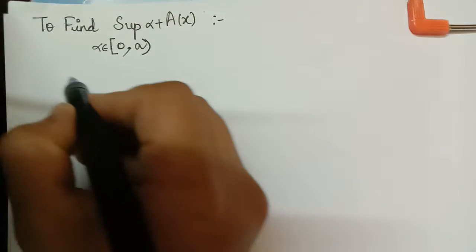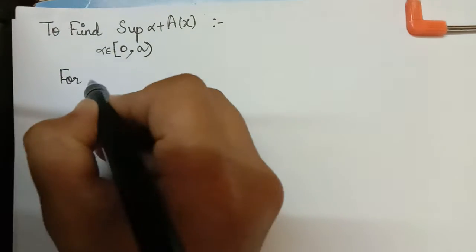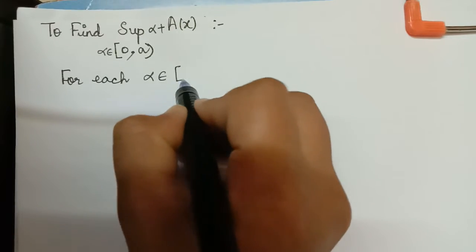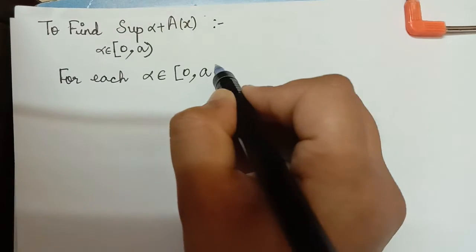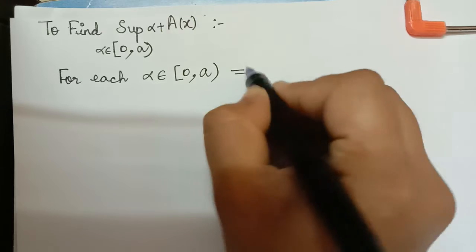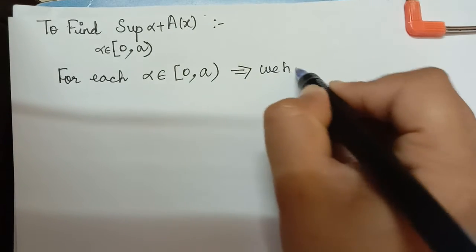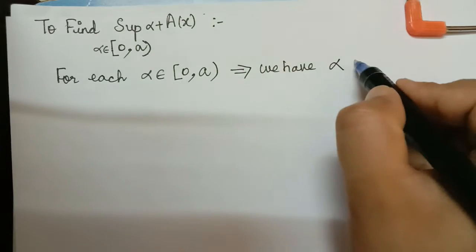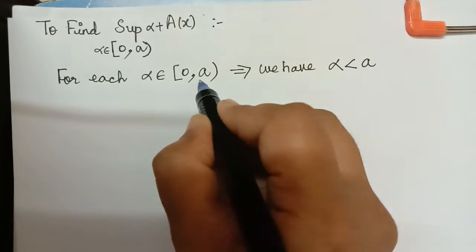To prove this we have to consider each alpha an element of closed interval 0 comma open interval a. This implies that alpha is lesser than a, because we are not including a.